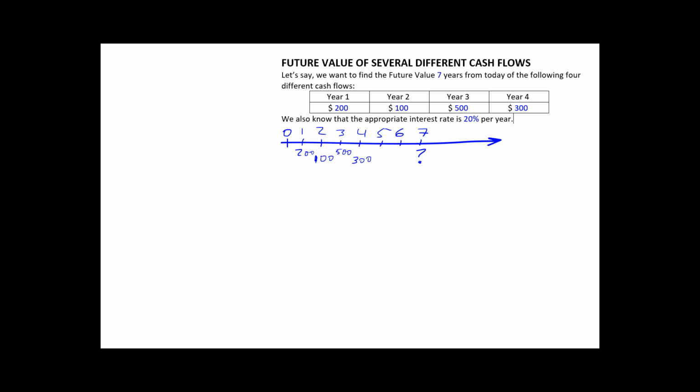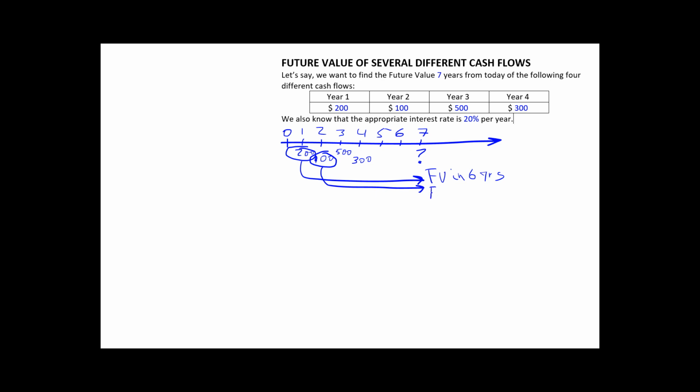Well, let's break it into individual cash flows. So the first $200 will stay in the account. Let's say we deposit these amounts, right? It will stay in the account for how many years? For 6 years. So we need to find the future value in 6 years. Then the next $100 will stay in the account between end of year 2 and end of year 7, which means 5 years.